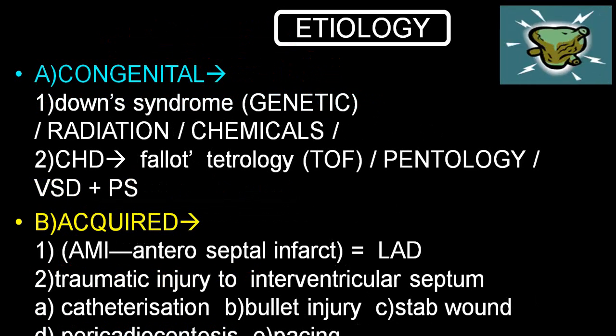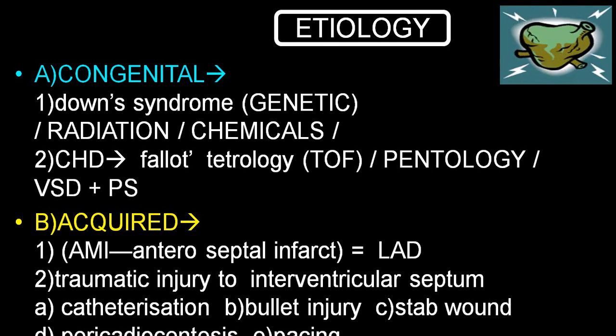So now etiology wise we divide into two big groups. One, congenital. The commonest cause of congenital, which is also there in ASD, is Down syndrome, trisomy 21. Or it may be secondary to radiation or teratogenic drugs or chemicals consumed during pregnancy.